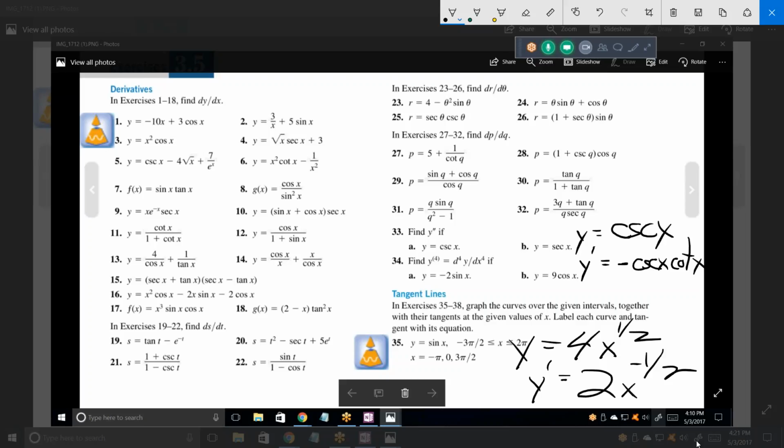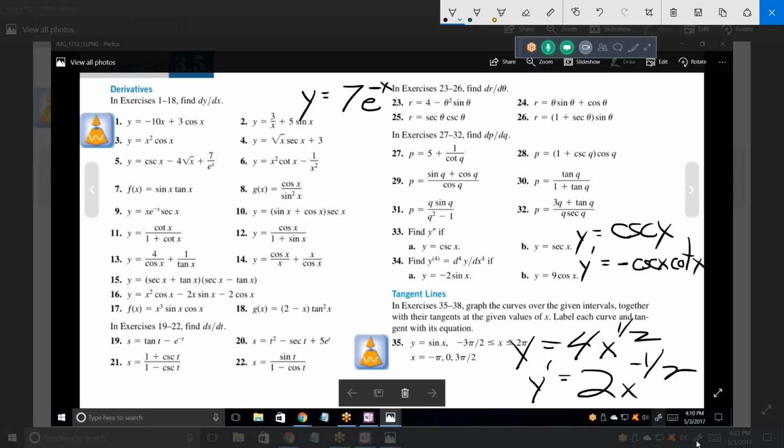And finally, the third term is 7 over e to the x. Well, again, let's put that with the variable in the numerator. How would I write e to the x in the denominator as a numerator? 7e to the minus x.